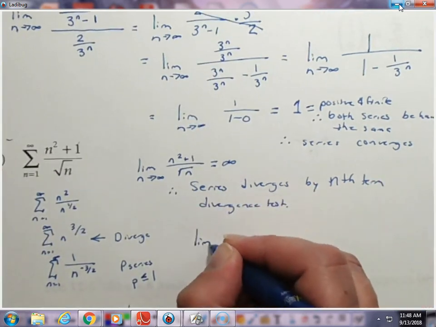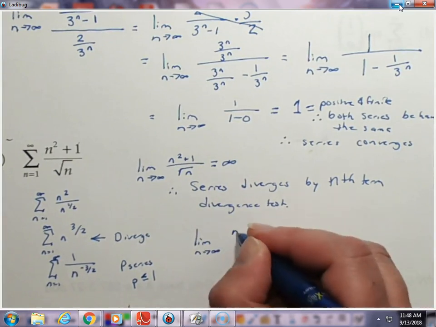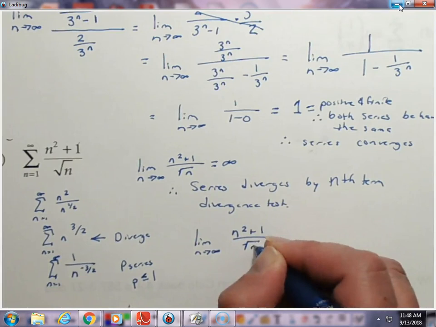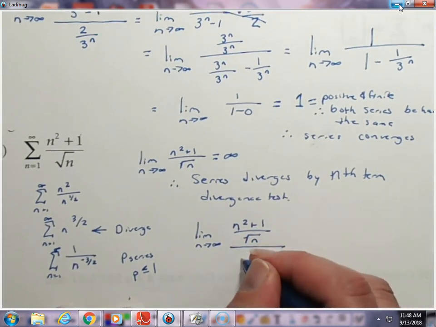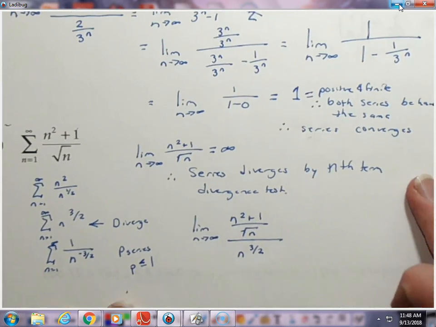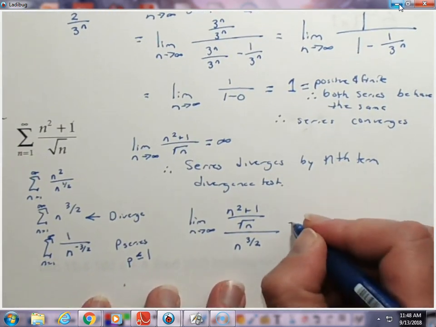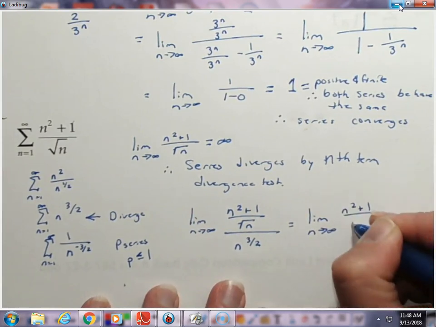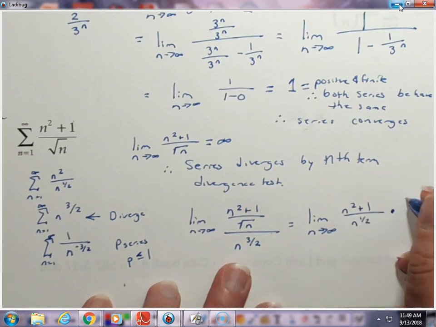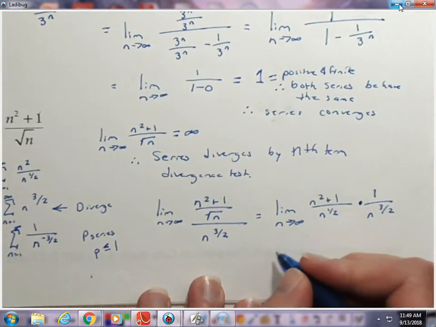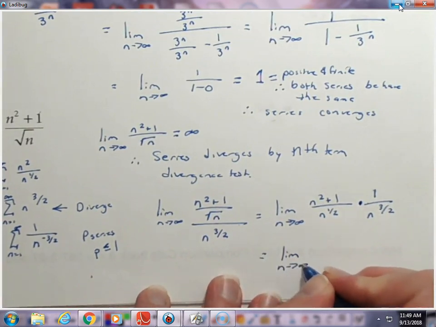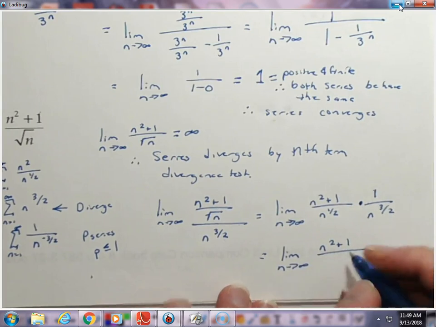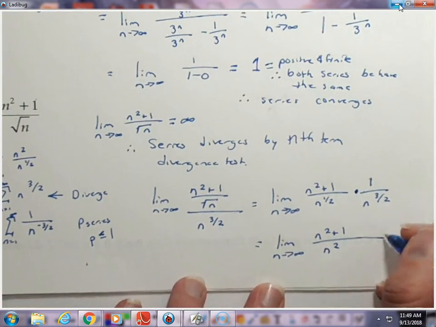So then when we go and do the limit comparison test, you take your sequence and you divide it by the one you're comparing to. So this would look like the limit as n approaches infinity of n squared plus 1 over n to the 1/2. Instead of divided by that, it would be times the reciprocal of that. And what does that equal?